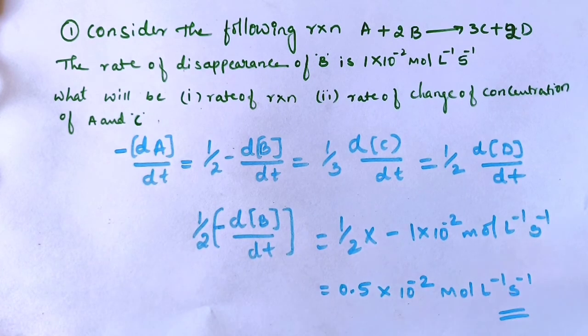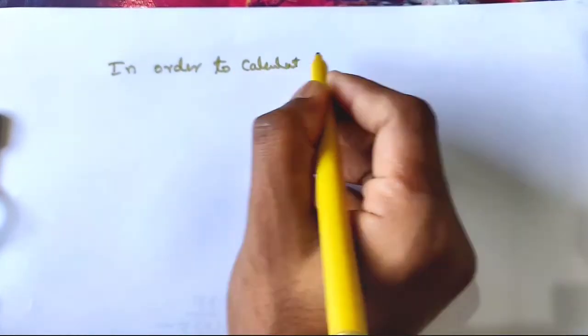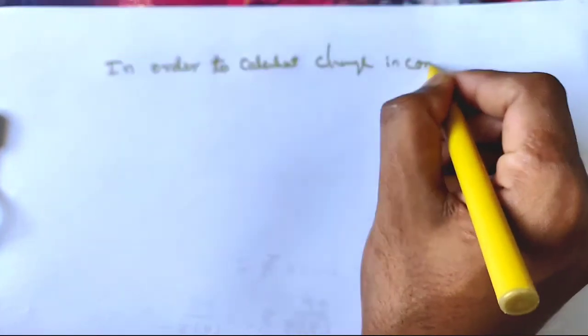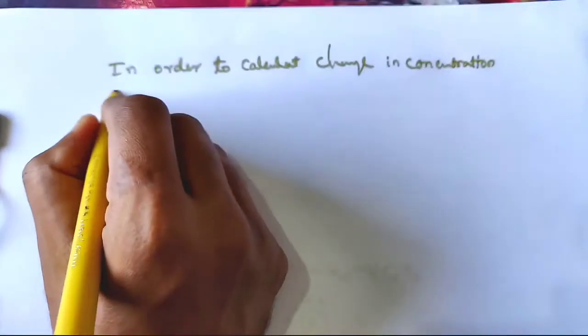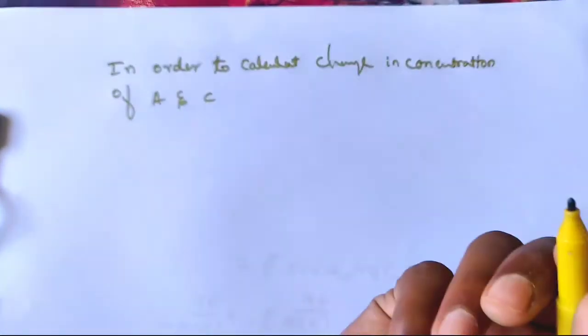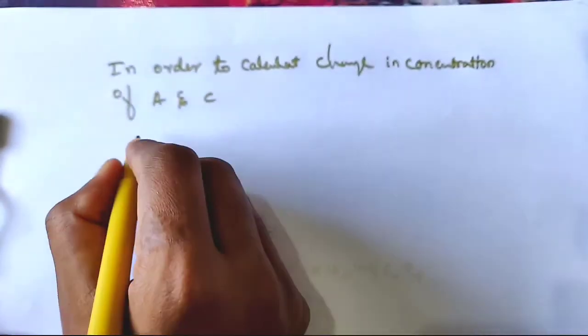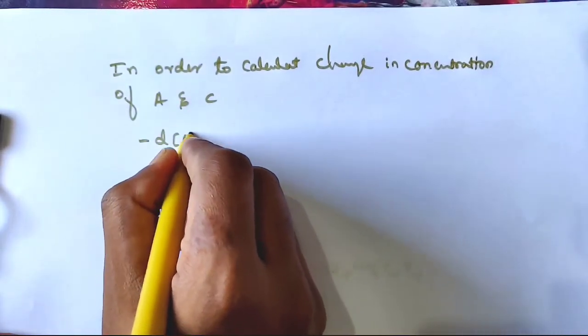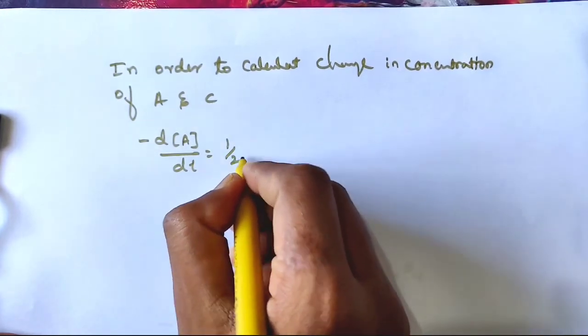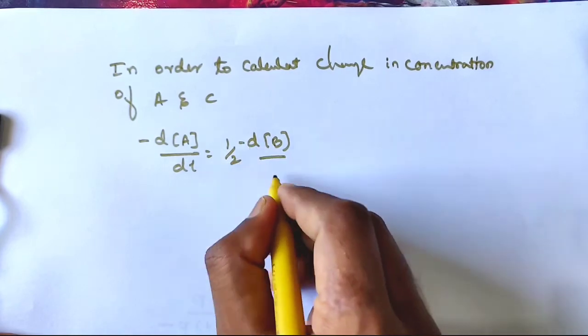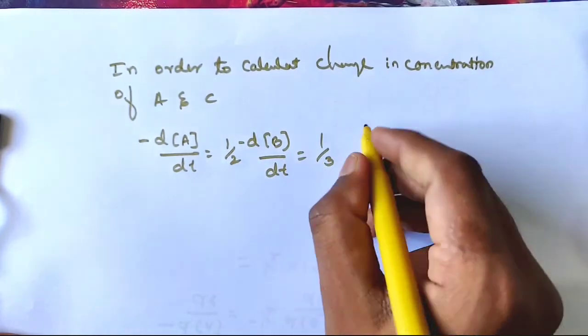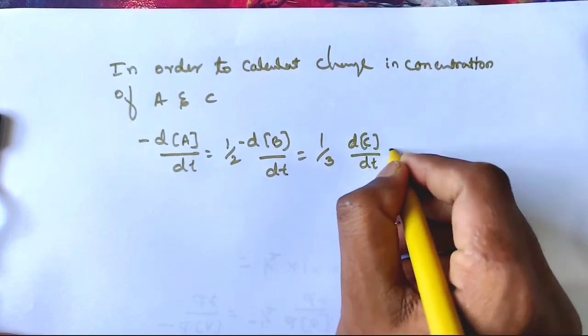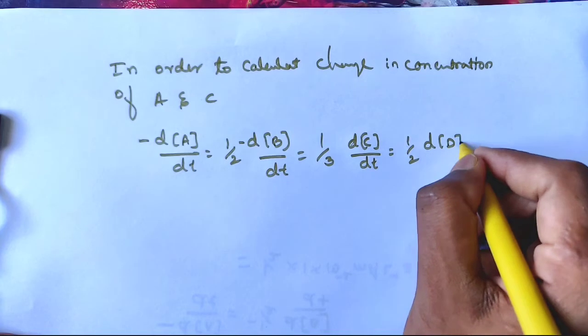Next, what we have to do, we need to find the rate of change of concentration of A and rate of change of concentration of C. In order to calculate the change in concentration of A and C, we have an equation like: change in concentration of A upon dt, that is equal to half into d[B] upon dt, that is equal to 1 by 3 d[C] upon dt, that is equal to 1 by 2 d[D] upon dt.